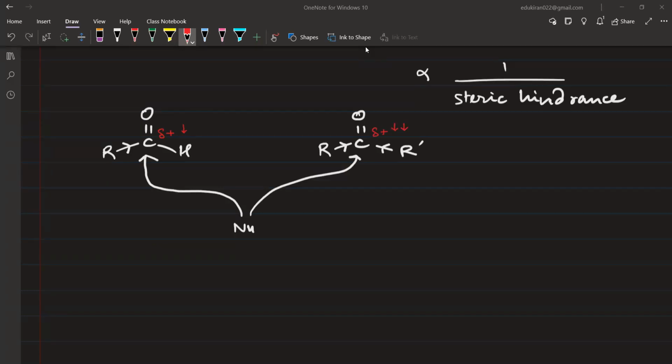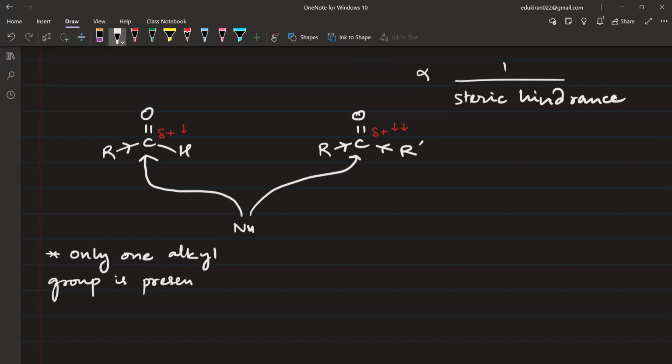Okay, the ketone. So the first point that I will write here is this is about aldehyde. We can write only one alkyl group is present. Therefore, more electron deficient than ketone.